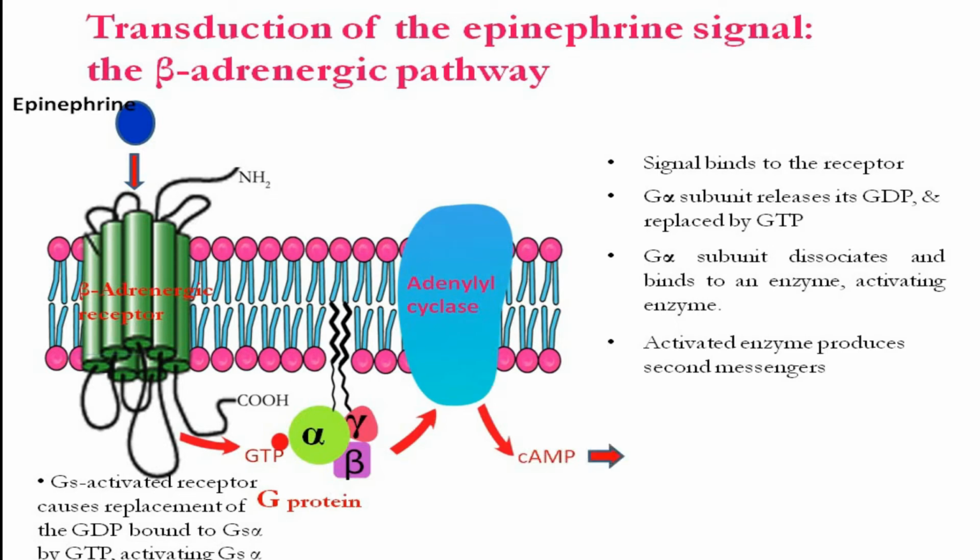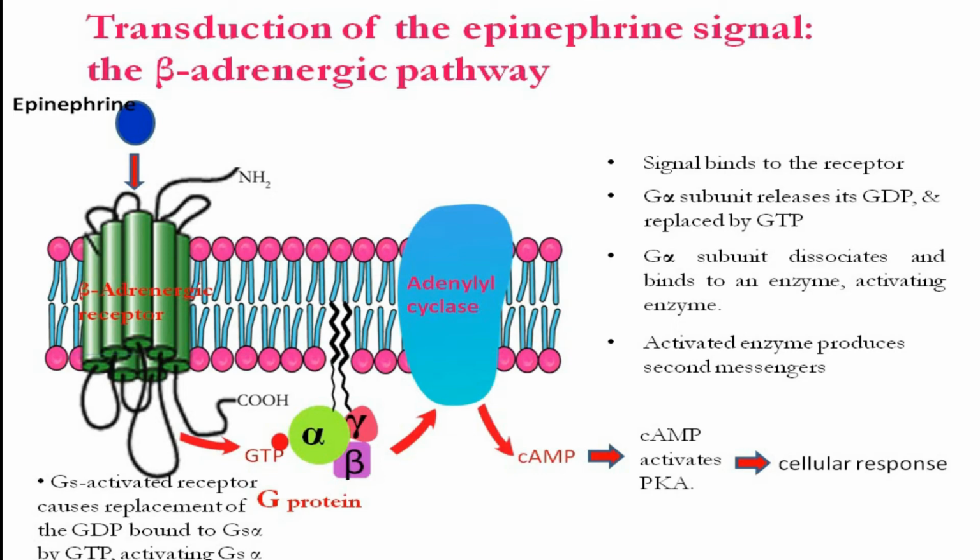This cyclic AMP activates protein kinase A. Protein kinase A activates phosphorylase B kinase. Phosphorylase B kinase activates glycogen phosphorylase kinase, and this glycogen phosphorylase kinase converts glycogen into glucose. This is about epinephrine signaling, the GPCR signaling mechanism.